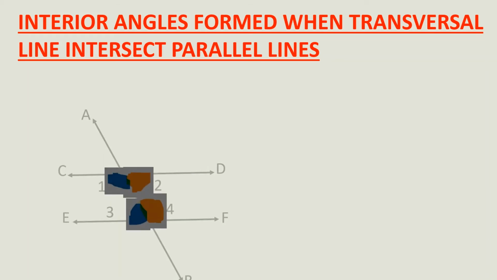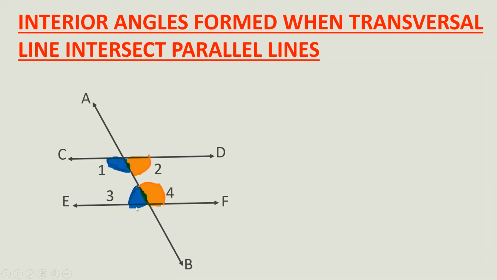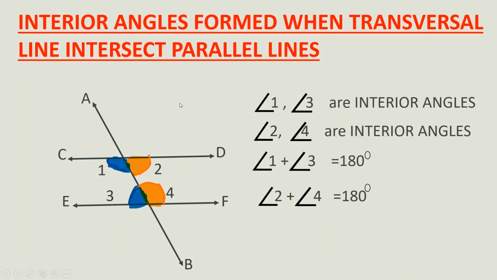Now let's see the properties of interior angles formed when transversal lines intersect parallel lines. Here, angle 1 and angle 3 are interior angles, and angle 2 and angle 4 are interior angles. And when you add the consecutive interior angles, they will always equal 180 degrees. Now in this example, let's see a figure.